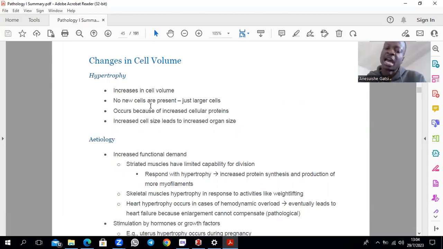So when you think about hyperplasia, there is an increase in cell number, right? But hypertrophy, the basic definition for hypertrophy is an increase in the size of pre-existing cells, which leads to an increase in the size of the organ being affected.